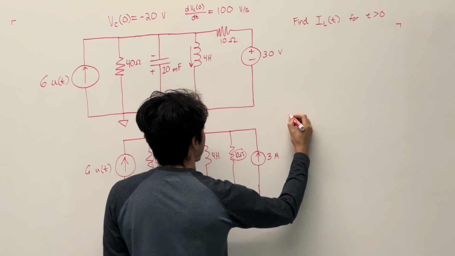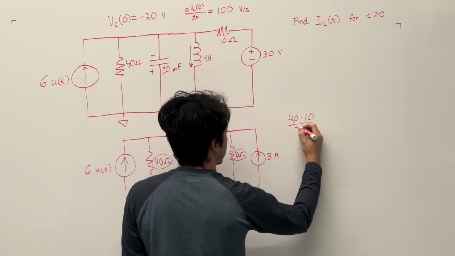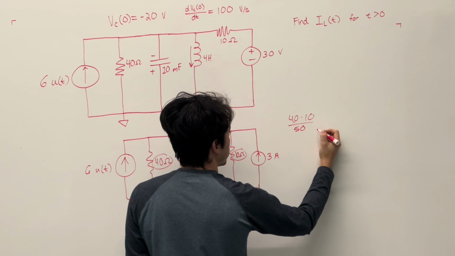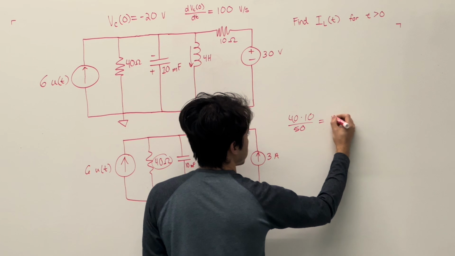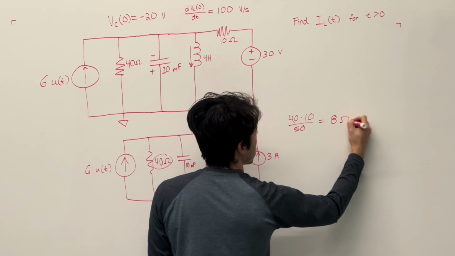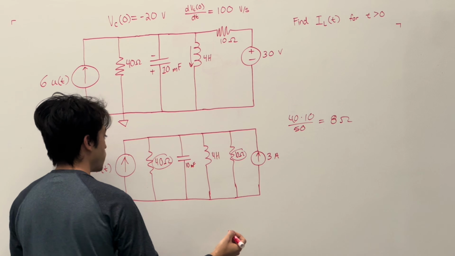So this will be 40 times 10 over 50, which is 400 over 50, which equals 8. So our equivalent is 8 ohms.